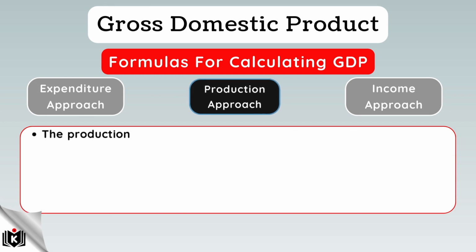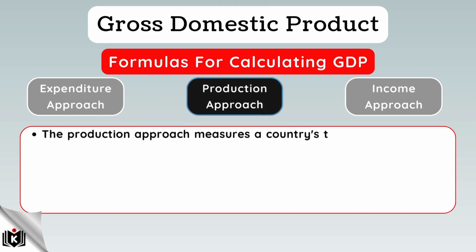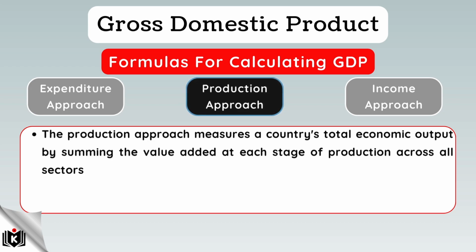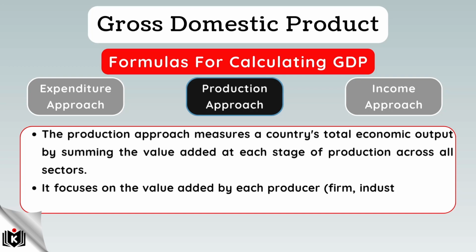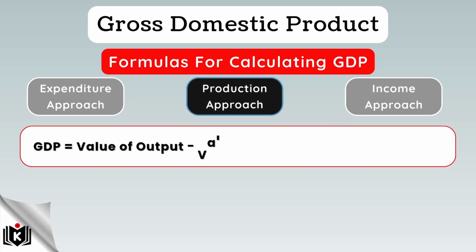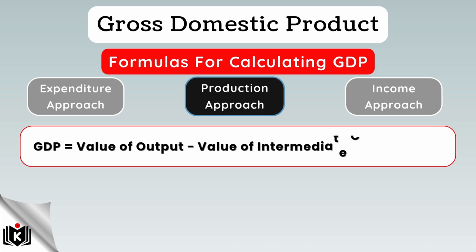The production approach measures a country's total economic output by summing the value added at each stage of production across all sectors. It focuses on the value added by each producer, firm, or industry within the economy. The formula for GDP using the production approach is GDP equals value of output minus value of intermediate consumption.